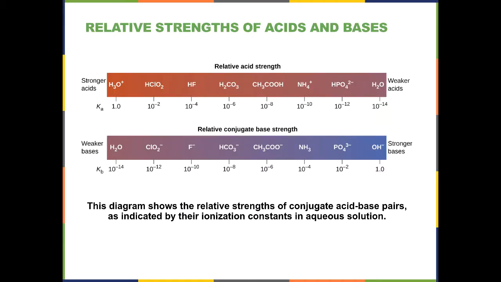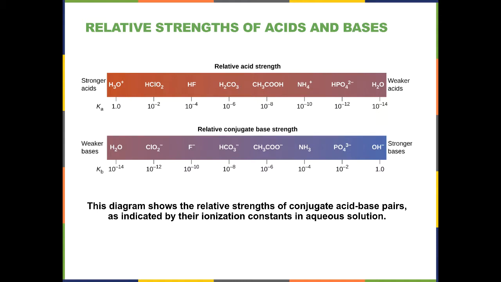Now let's look at the situation in terms of the bases. This diagram shows the relative strengths of the conjugate acid-base pairs as indicated by their ionization constants in aqueous solutions. Strong acids are associated with weak bases. So the strong acid H3O+ is associated with a weak base H2O.